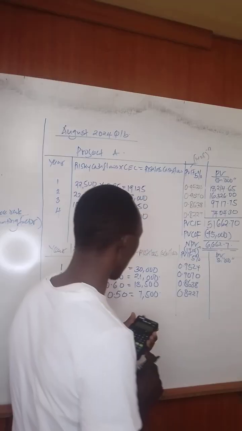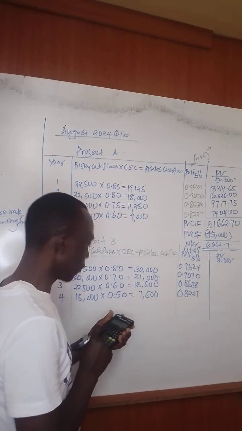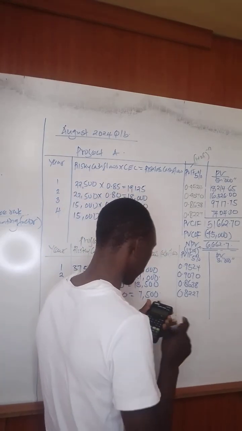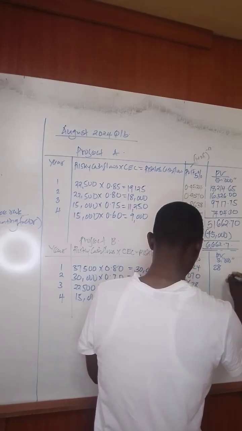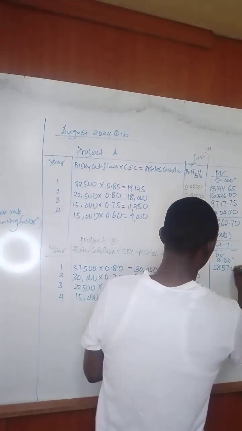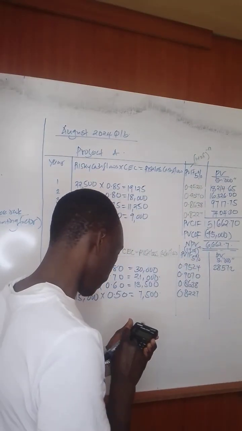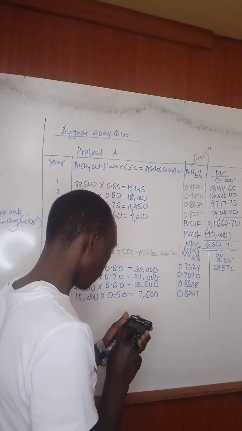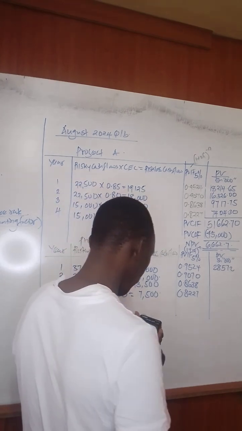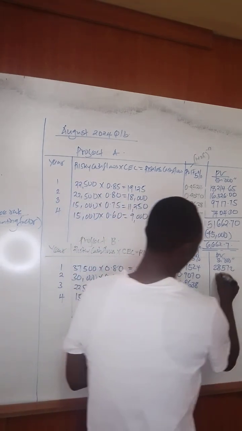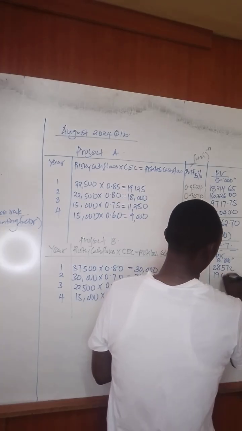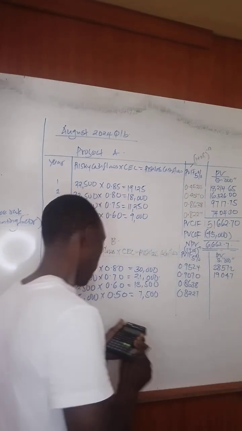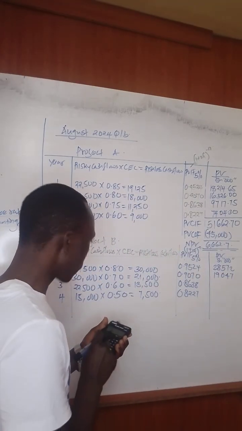You multiply by 0.9524, which will give us 28,572. The second one will be 0.9070 times 21,000, which will give us 19,047.